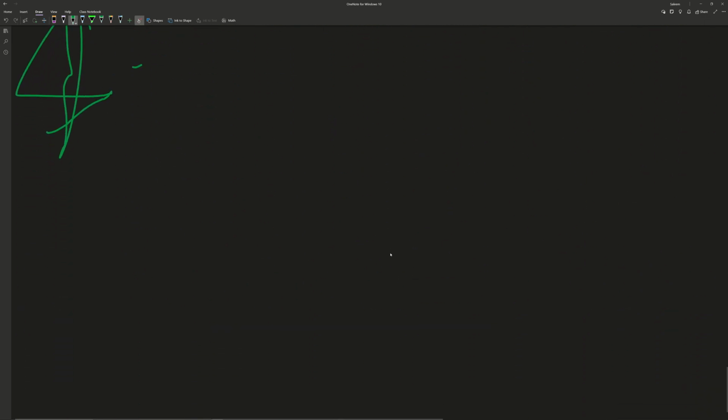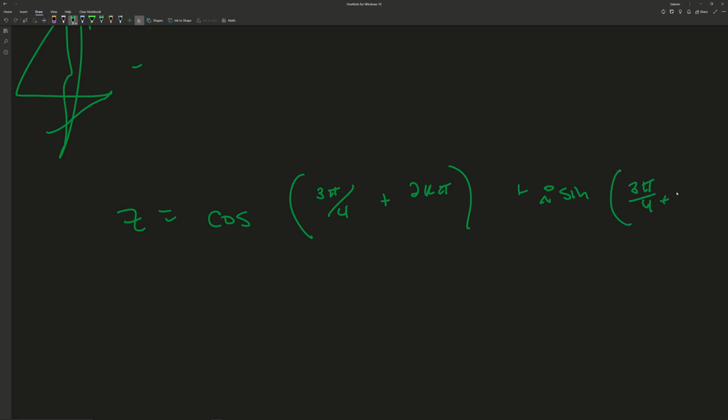So z is equal to cos of 3 pi upon 4, our principal argument, plus 2 pi, plus i sine of 3 pi upon 4 plus 2 pi, of course to the power of a third.